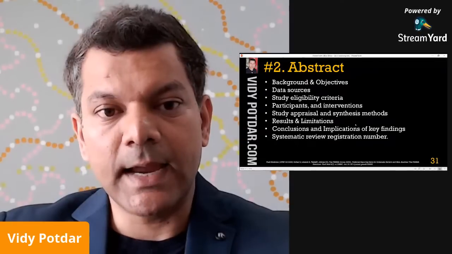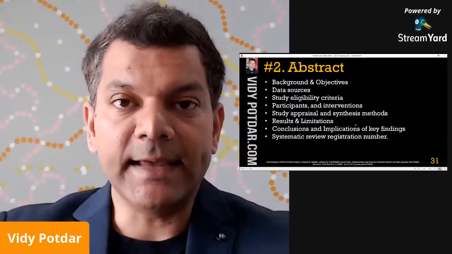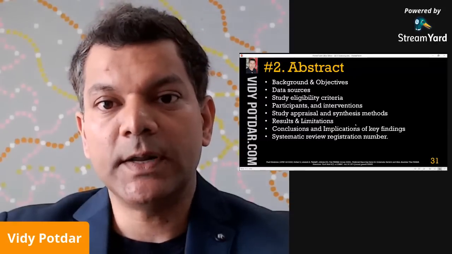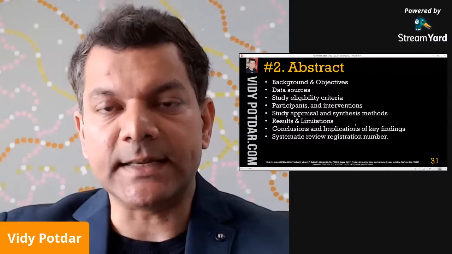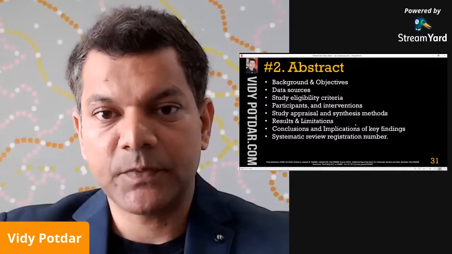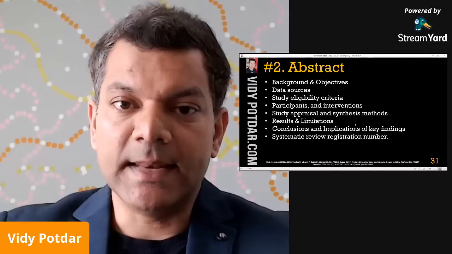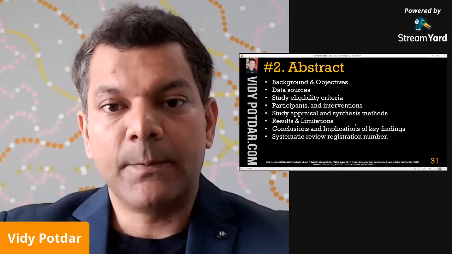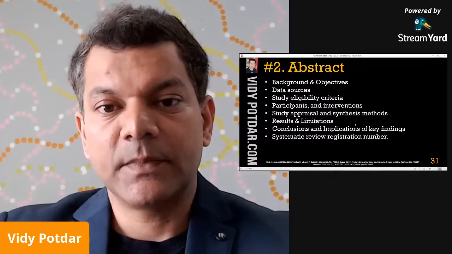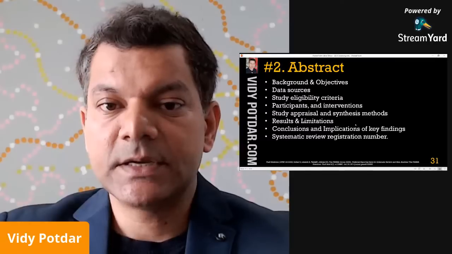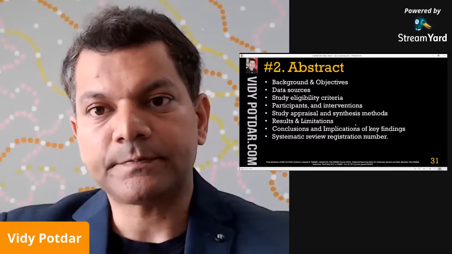So in this slide, you can see what headings or what content you should include in your abstract, and write at least one sentence for each of these headings. So background and objectives, data sources, eligibility criteria, participants, study appraisal and synthesis methods, results, limitations, conclusions, and if you have a systematic review registration number.